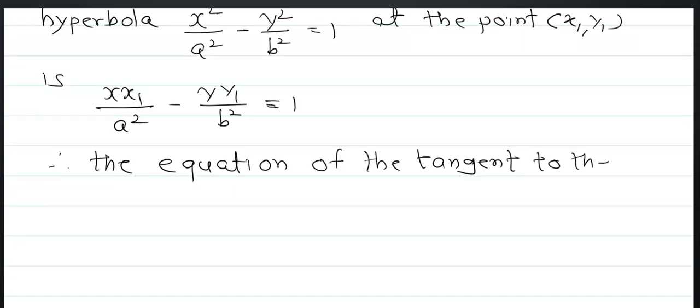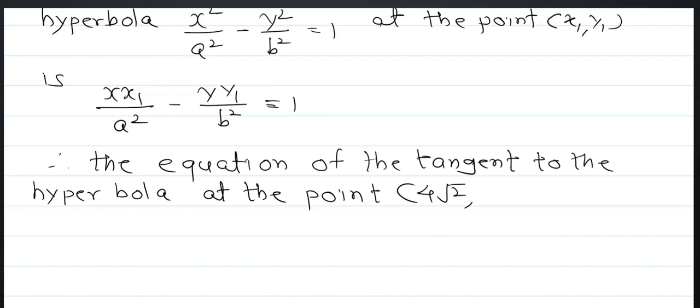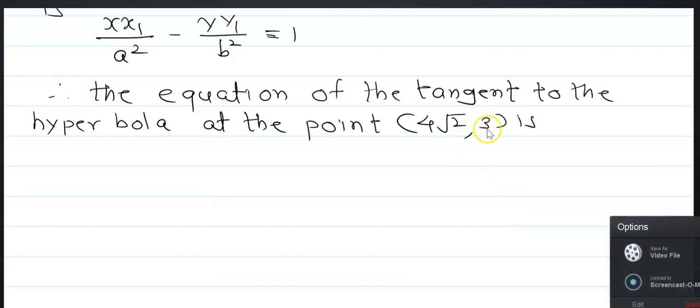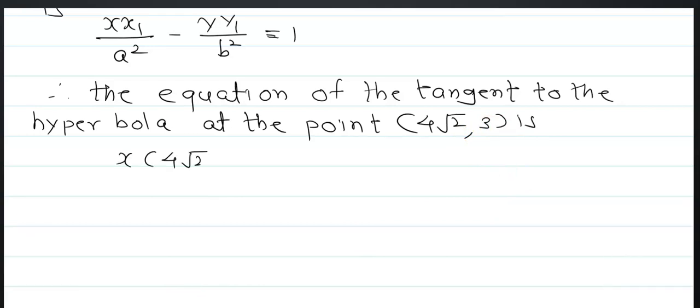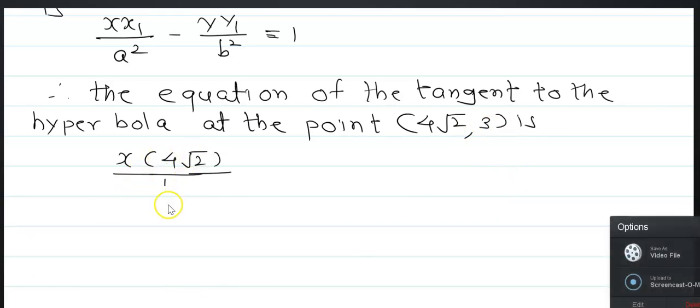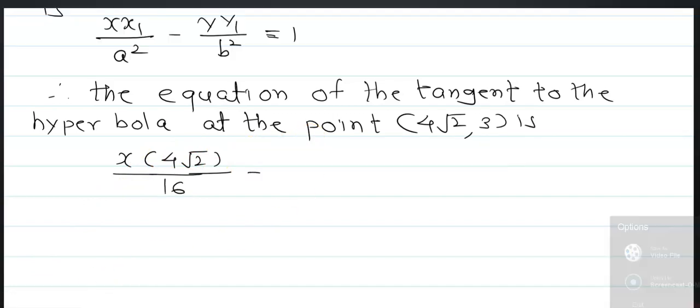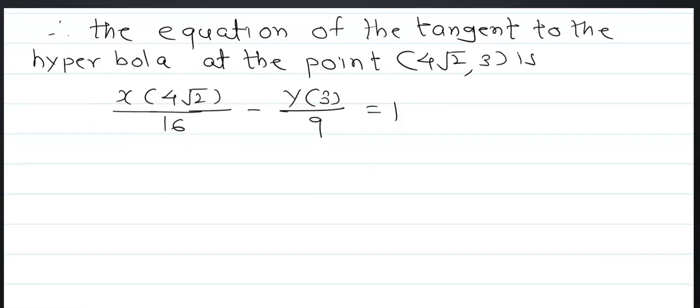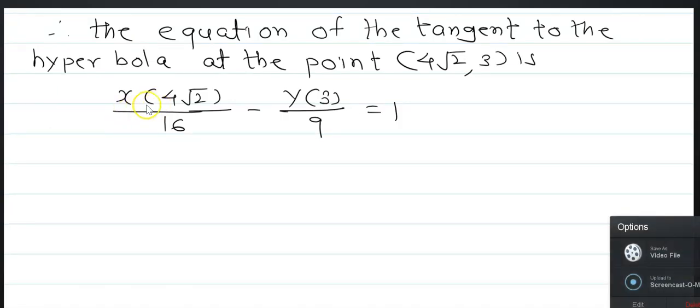The equation of the tangent to the hyperbola at the point 4 root 2 comma 3 is 4 root 2 x upon 16 minus 3y upon 9 is equal to 1.